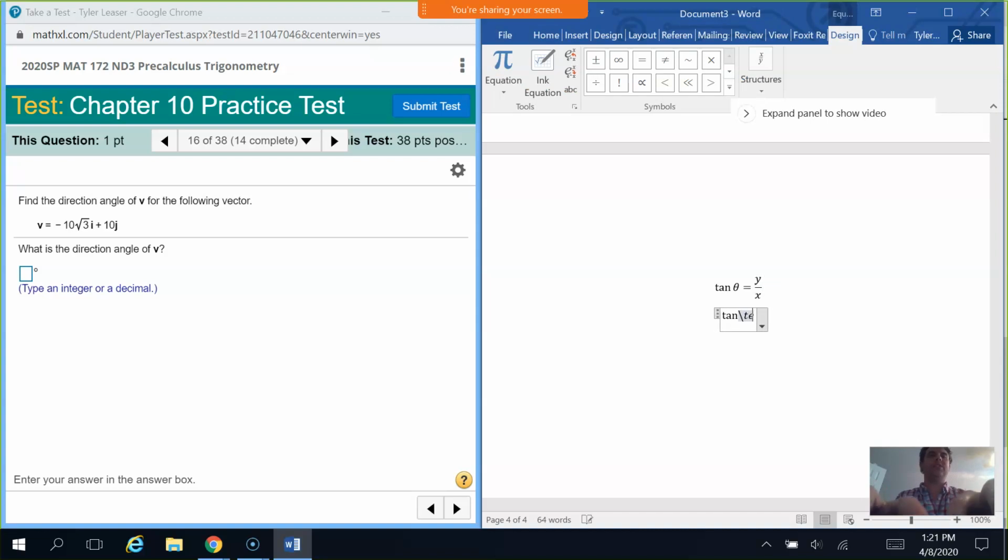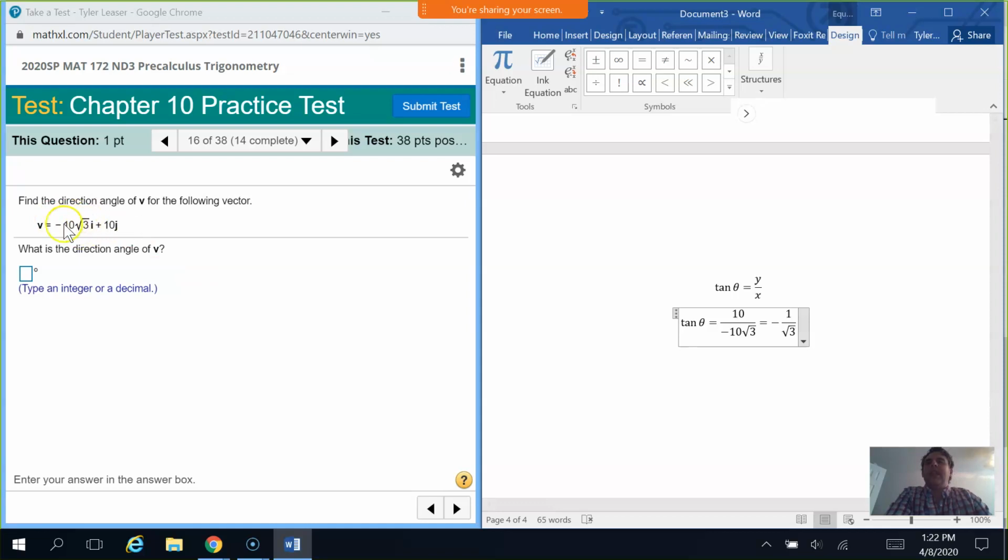So for this question, tangent of theta would come out to be the y value 10 divided by the x value negative 10 square root 3. Which is just negative 1 over the square root 3. And then again, we would just have to find the angle in the right quadrant.